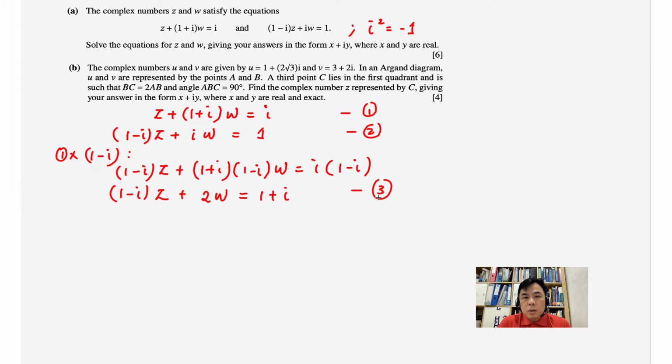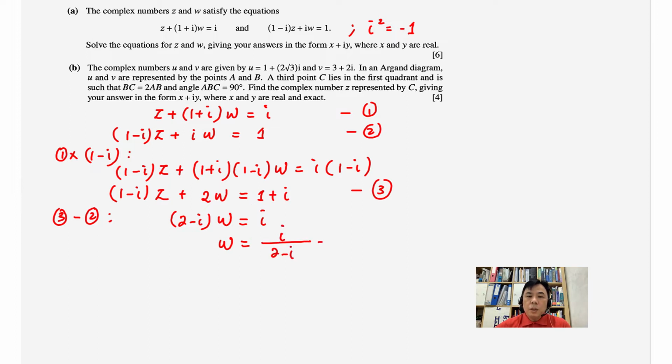We are going to solve 2 and 3 now by using elimination. Either way works. Take for instance, I'm going to take 3, subtract off number 2, and therefore z can be eliminated. What we're left with is just (2 minus i)w is equal to, this is 1 anyway, therefore if we subtract this we get an i instead, and then w would be equal to i over this.